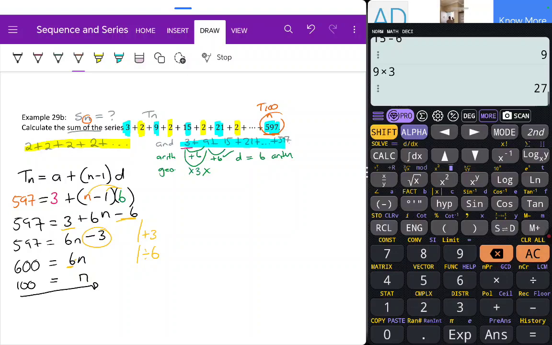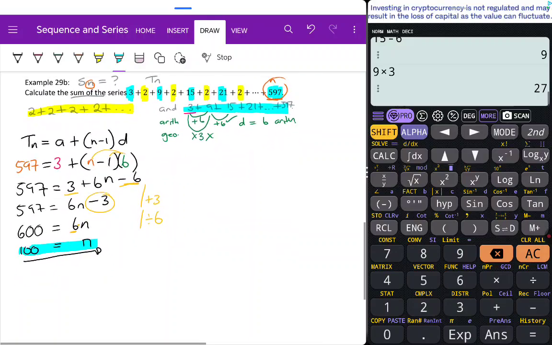Oh, good question. I don't think that this one is 100. So this n on the Tn actually refers to the blue sequence. There are 100 items in the blue sequence. So let's sum the blue sequence.